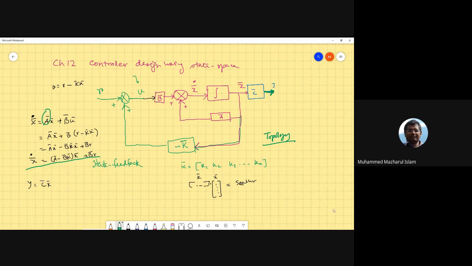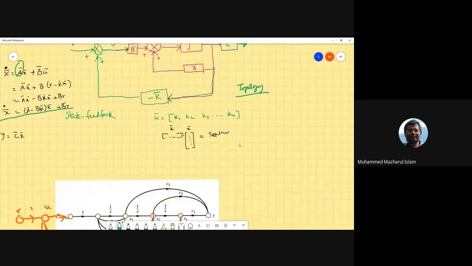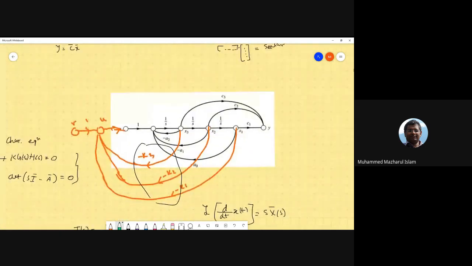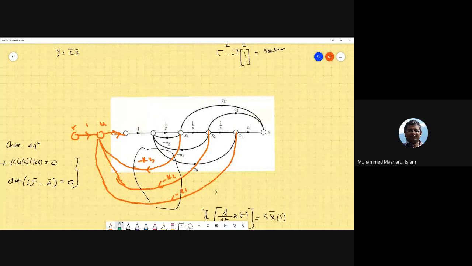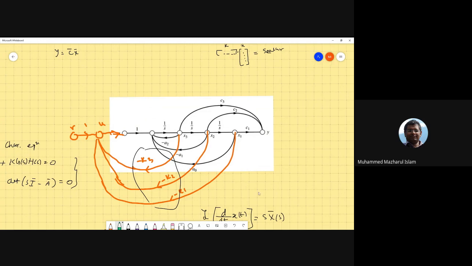Now, after we did this, we were looking at an example. We saw how this can be done in phase variable models. This is also true for controller canonical models. For other models, it's not impossible to do, but the calculations involved could be very complicated. I'll give you an example today.